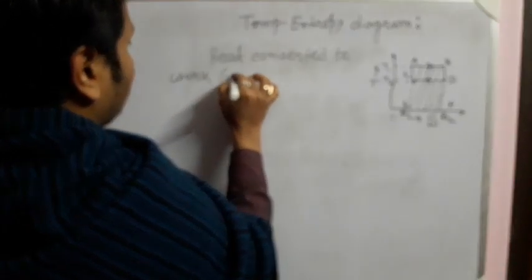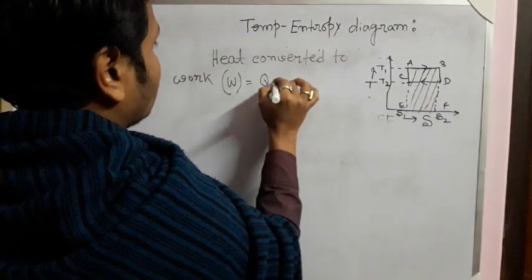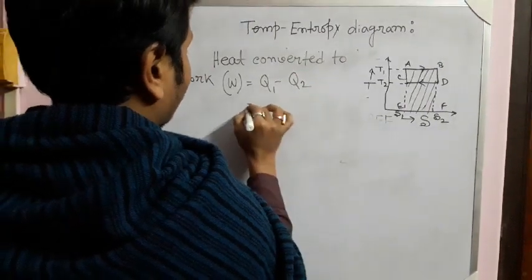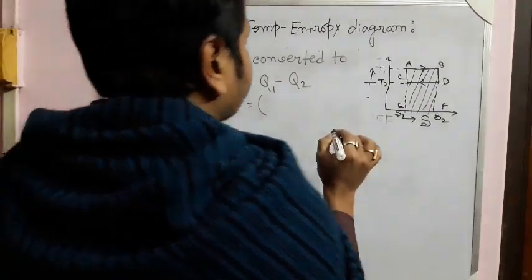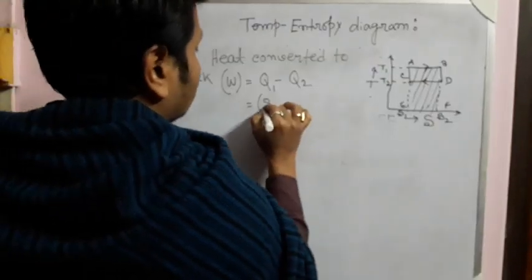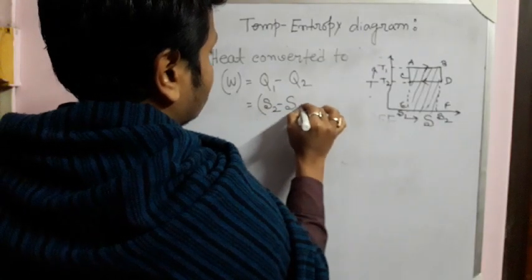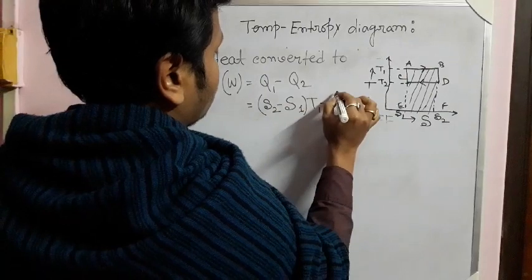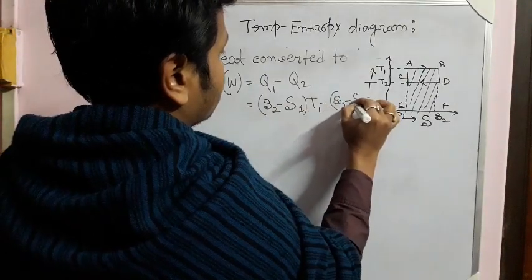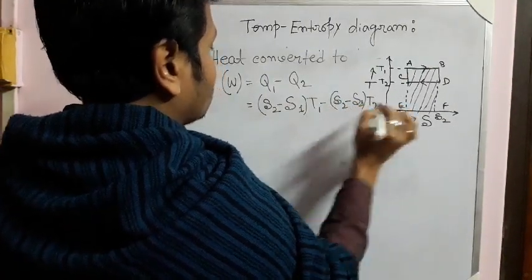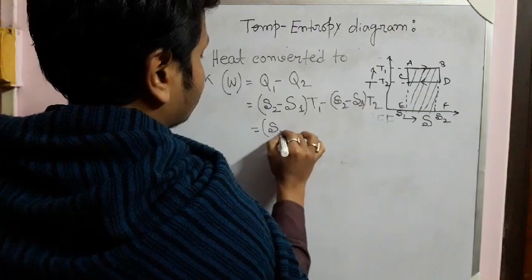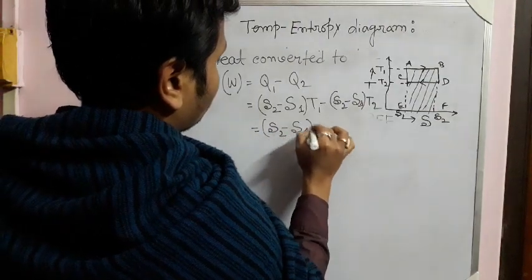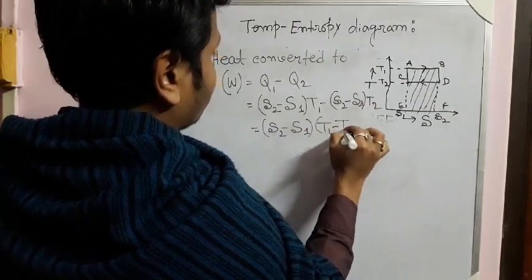If we call it W, then the formula is Q1 minus Q2. My Q1 is S2 minus S1 into T1, and Q2 is S2 minus S1 into T2. If you take S2 minus S1 common, we get T1 minus T2.